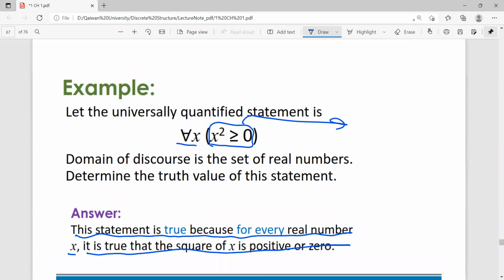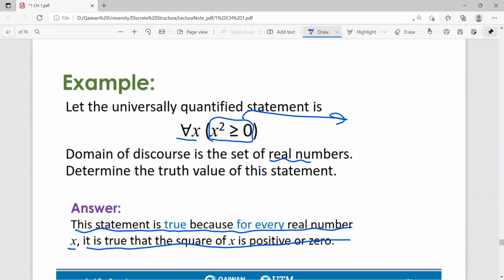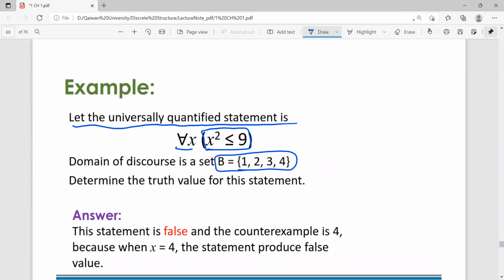But in the previous example, our domain was the set of real numbers. Here, our domain is only 1, 2, 3, and 4. Let's check whether the statement satisfies all of these.